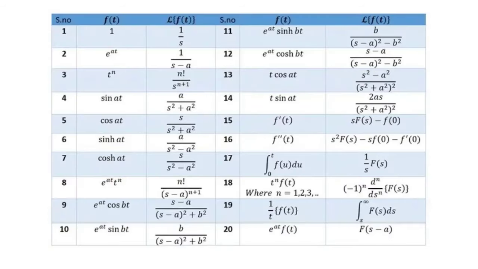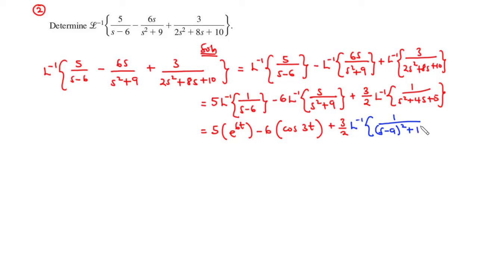So we are going to have 3 over 2 times the inverse Laplace transform of this, and that's going to be the inverse Laplace transform of, we are going to represent this as 1 over s minus a all squared plus 1 squared. Now since we don't know the value of a, we are going to equate these two denominators and we try to find the value of a, and then we insert that back into the function.